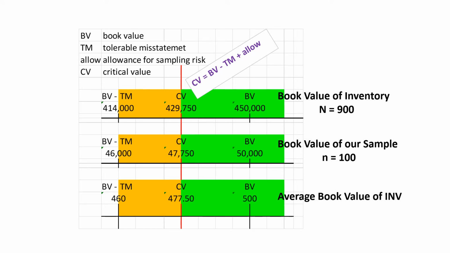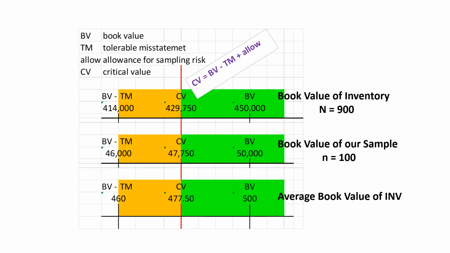Now my sample is just 1/9, right? So that'd be 450,000 minus 36,000 tolerable misstatement divided by 9, plus my allowance for sampling risk. Now, since I'm doing sampling, I'm going to take averages, and that would be 500, 460, 477.